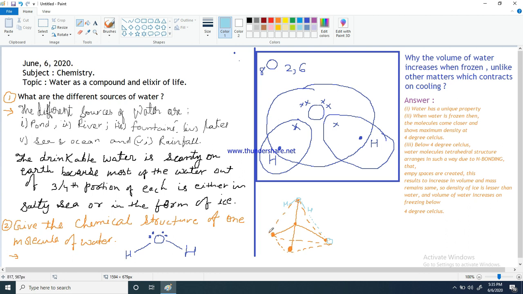Again, this is bonded with this oxygen, this is hydrogen bonded with this hydrogen, and again this is hydrogen bonded, and in this way they start forming hydrogen bonds. So the formation of these hydrogen bonds leads to the formation of voids, empty space.